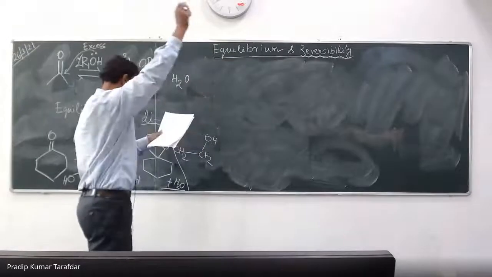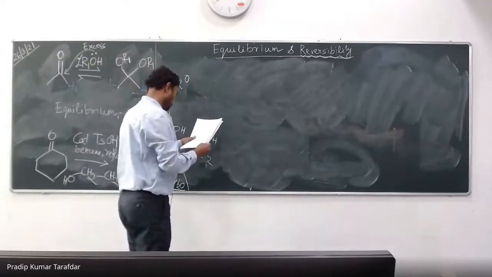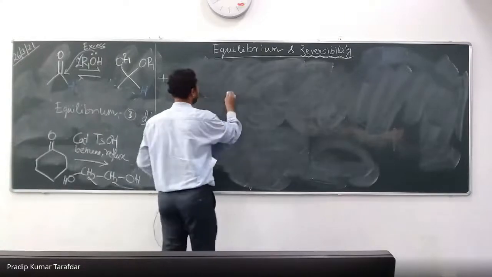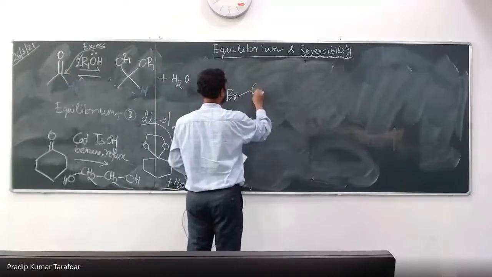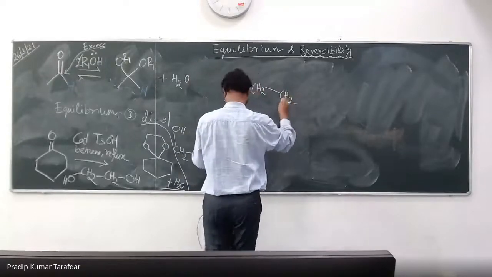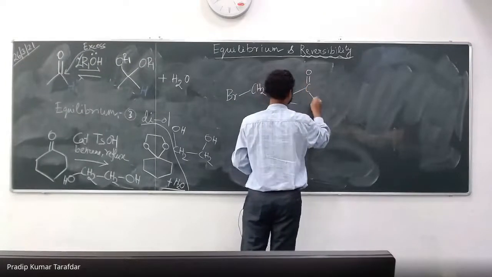So one example I will show. Suppose I have this molecule, Br-CH2-CH2-C double bond O-OH.